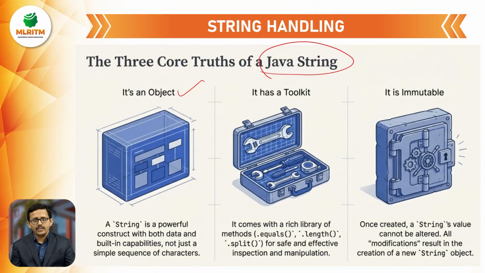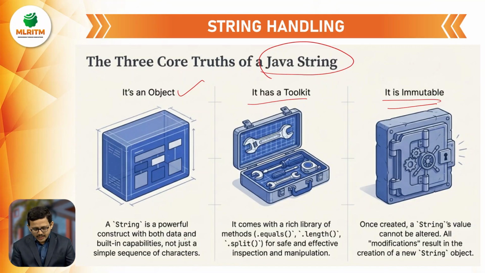In Java, a string is not just a collection of characters. It is a collection of characters in the form of an object, which is immutable. That means it cannot be changed. The modifications you make to the string create new strings, not manipulate the original string. And it has a toolkit: different methods through which we can work on the object as well as the contents of the string object.